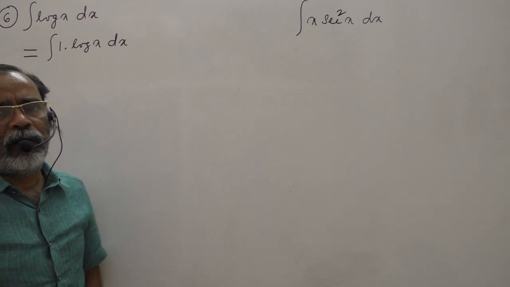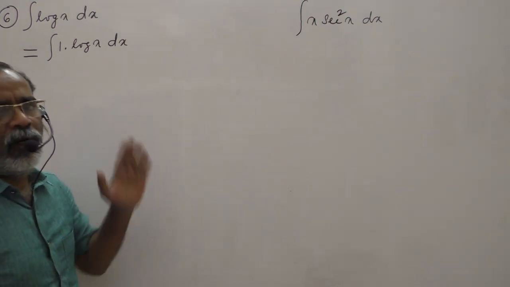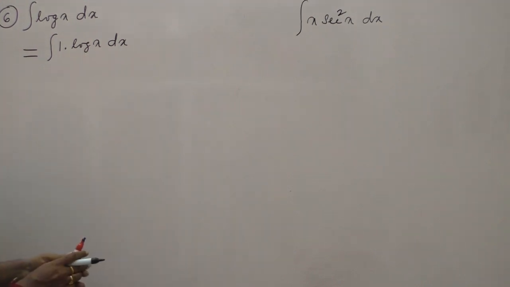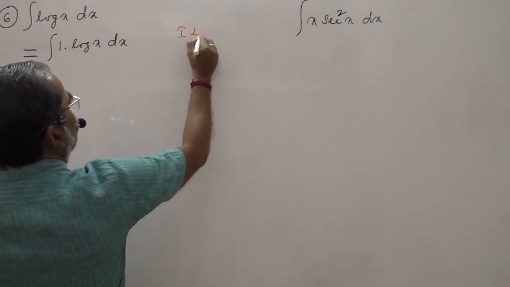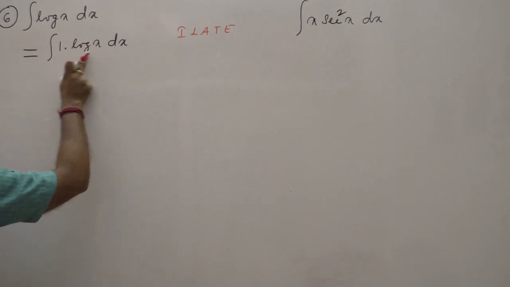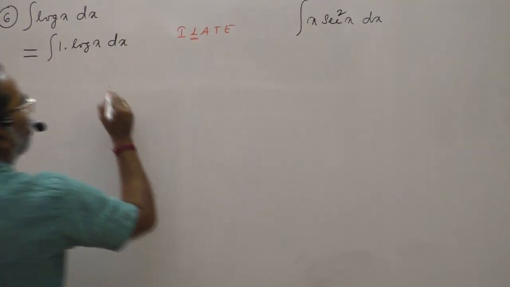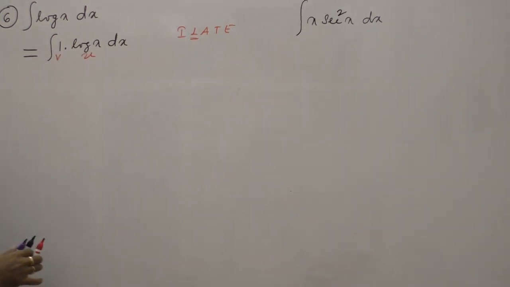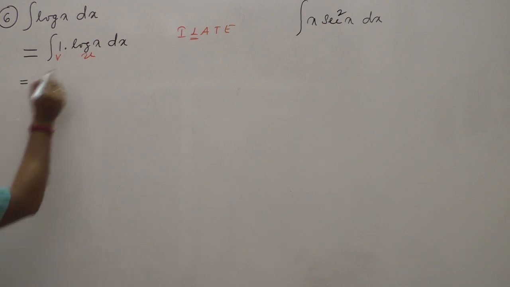To select the first function, I use the ILATE phrase. Which functions are there? Algebraic, logarithmic. Logarithmic function is coming first. Therefore, this is u and this is v. Product is there.